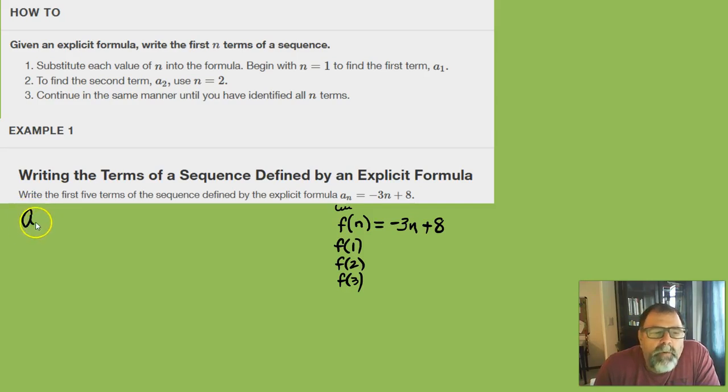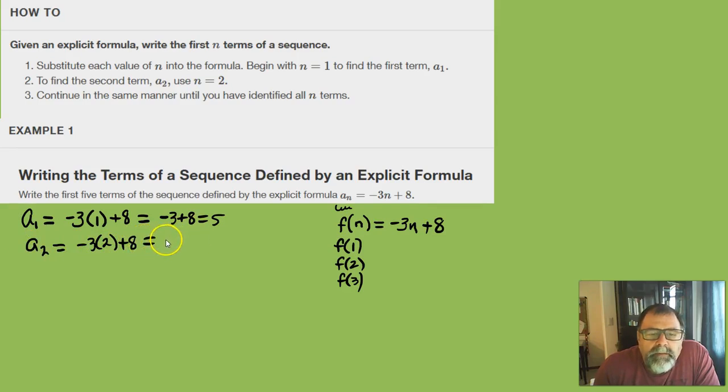So a sub 1, which is the first term, would be negative 3 times 1 plus 8. So negative 3 plus 8 is 5. A sub 2, negative 3 times 2 plus 8, which is negative 6 plus 8, is 2.